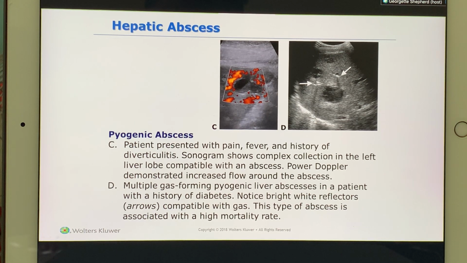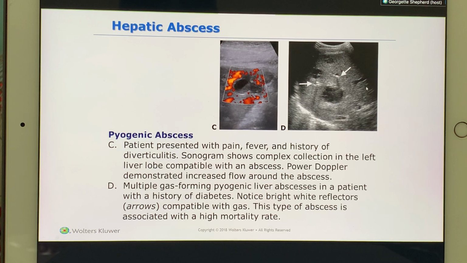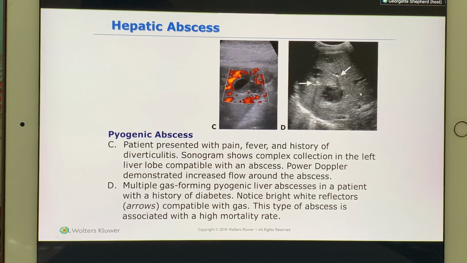Right. Okay. This is what gas looks like. It's hyperechoic. Ultrasound can't penetrate it, and if you move the transducer, you can see that this moves along with it, and it really does look like you have a 4th of July sparkler in there.